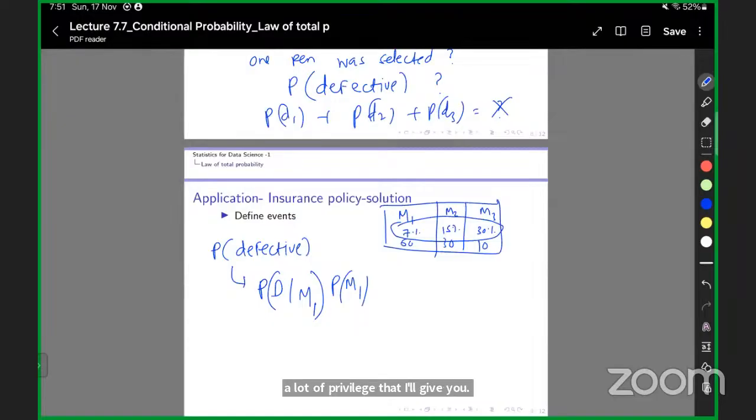Okay, sir. Got it. Then another case I have to go, which is machine 2. The same thing will happen. Yes, for machine 2 I have to do that, right?